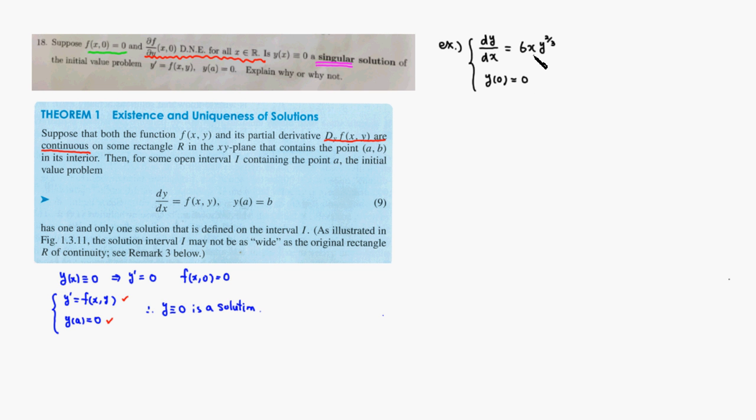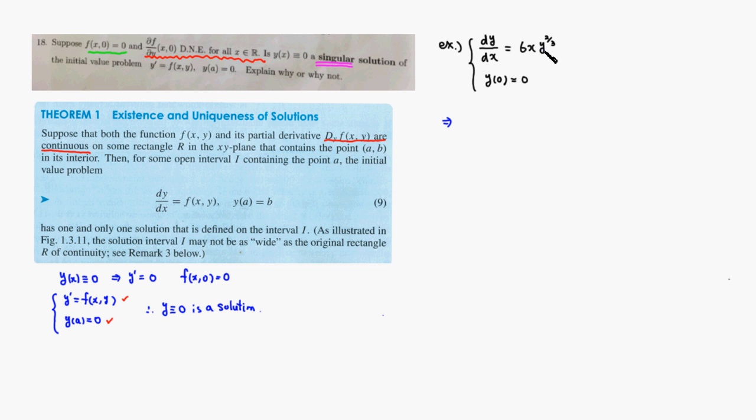How about that? All right, and then what we want to do is try to solve this differential equation. This is a separable equation, so I'm going to go down here.